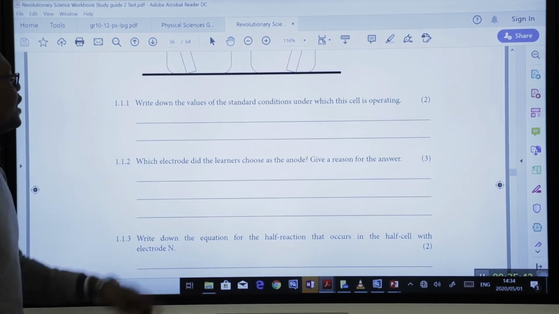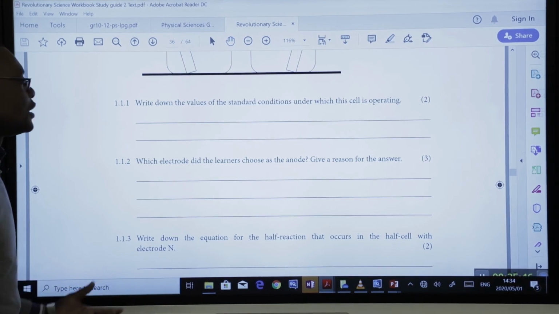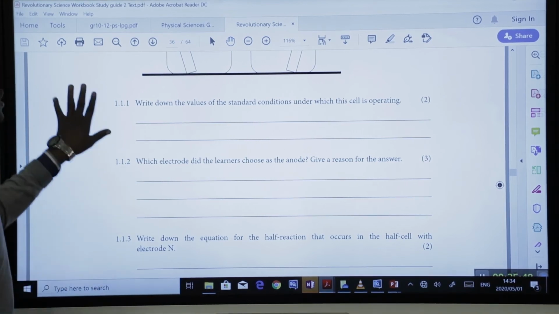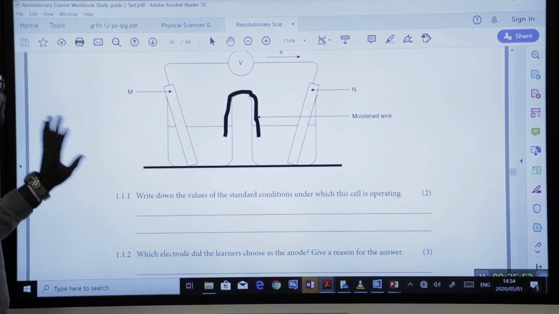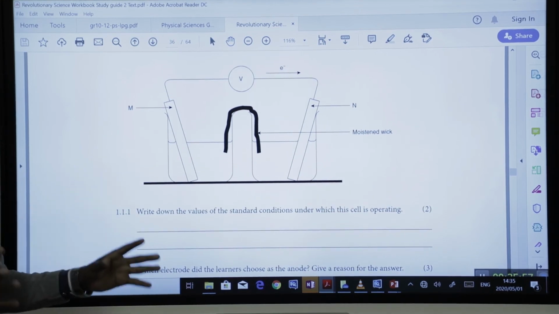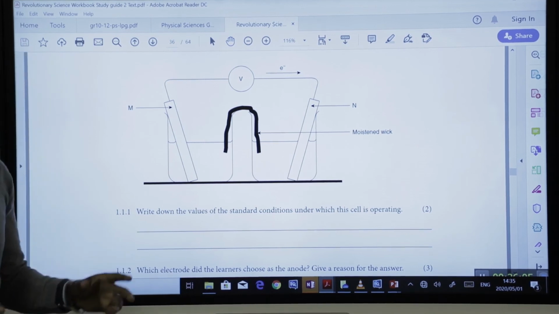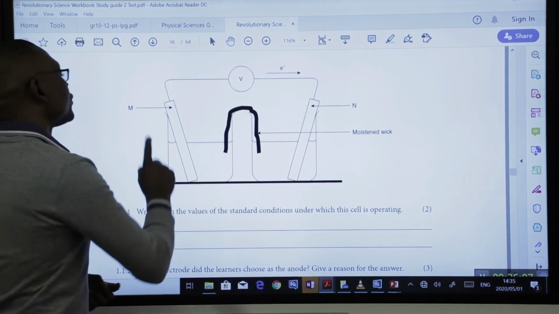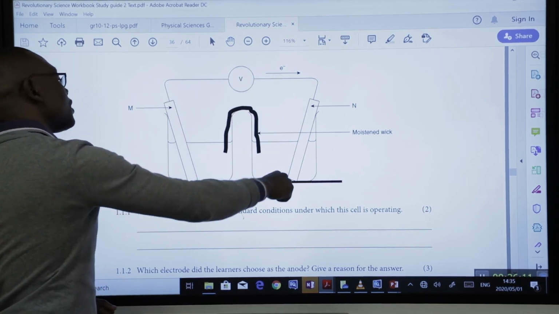Now, which electrode did the learner choose as the anode, and give a reason for the answer? That's very simple, isn't it? So like I said here, because of our understanding of the representation of a voltaic diagram, we are saying electrons move from the anode to the cathode.